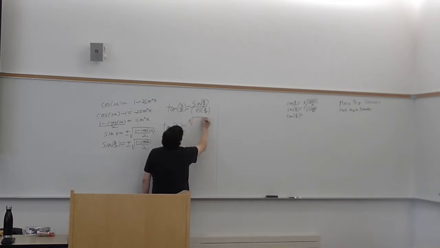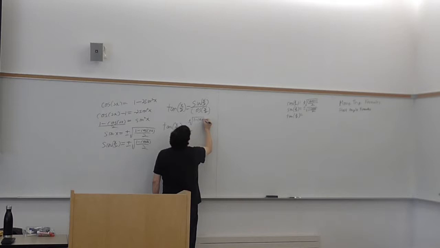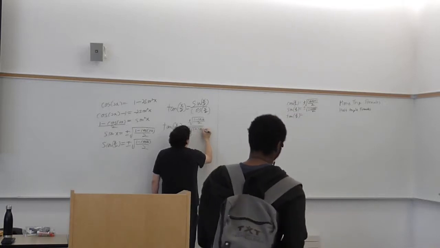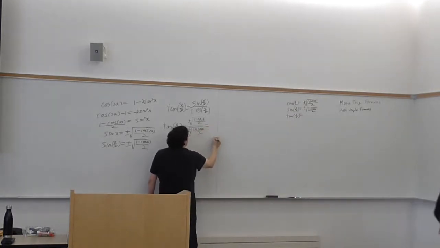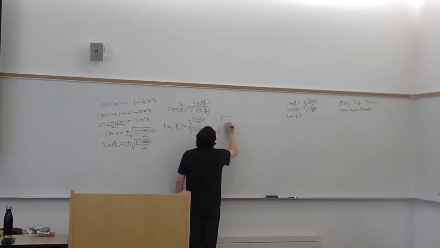Plus or minus the square root of 1 minus cosine x over 2 over plus or minus the square root of 1 plus cosine of x over 2, which is just plus or minus the square root of 1 minus cosine of x over 1 plus cosine of x.